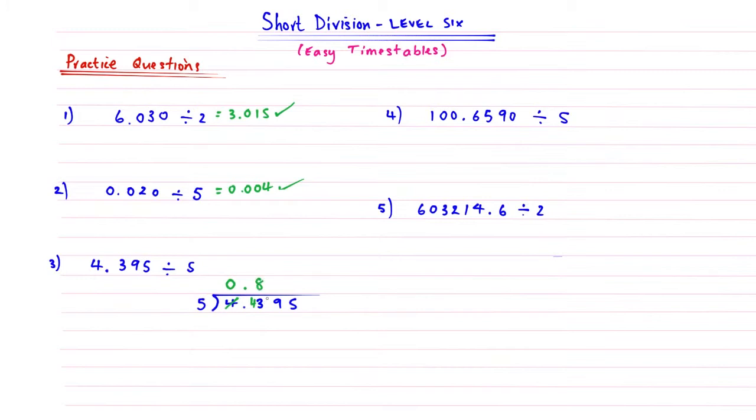And then we're going to carry the 3. Right, now 5's into 39. Well, 5 7's are 35, so it's going to be 7 lots of 5. And then we're going to have a remainder of 4. And then 5's into 45, and that goes exactly 9 times. So the answer to 4.395 divided by 5 is 0.879. And that's question 3 walked through for you.